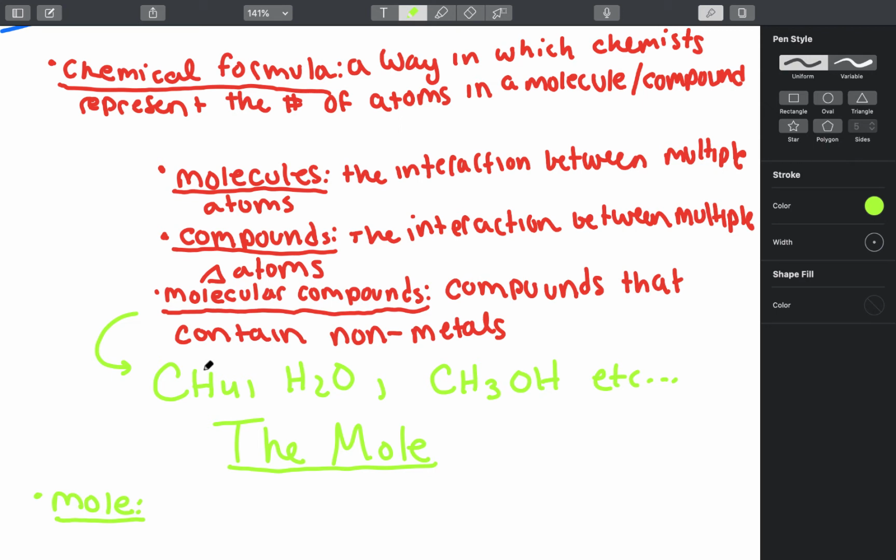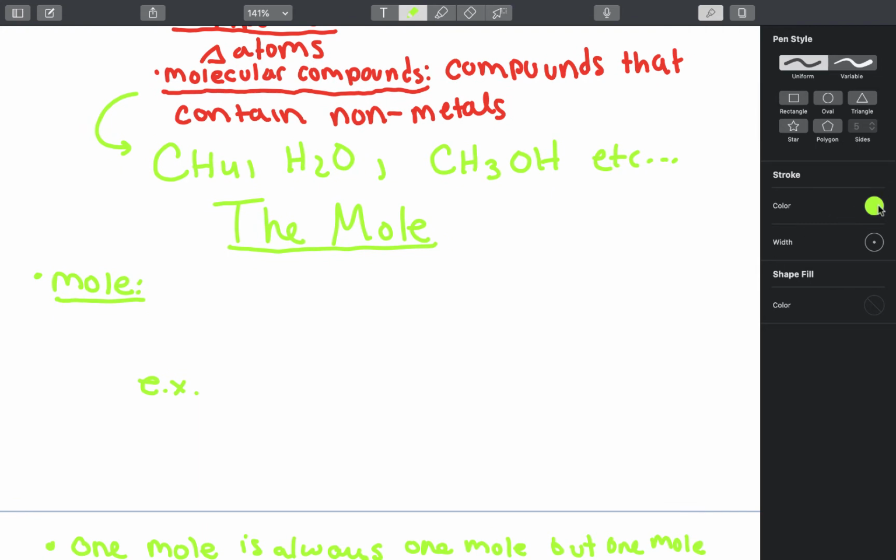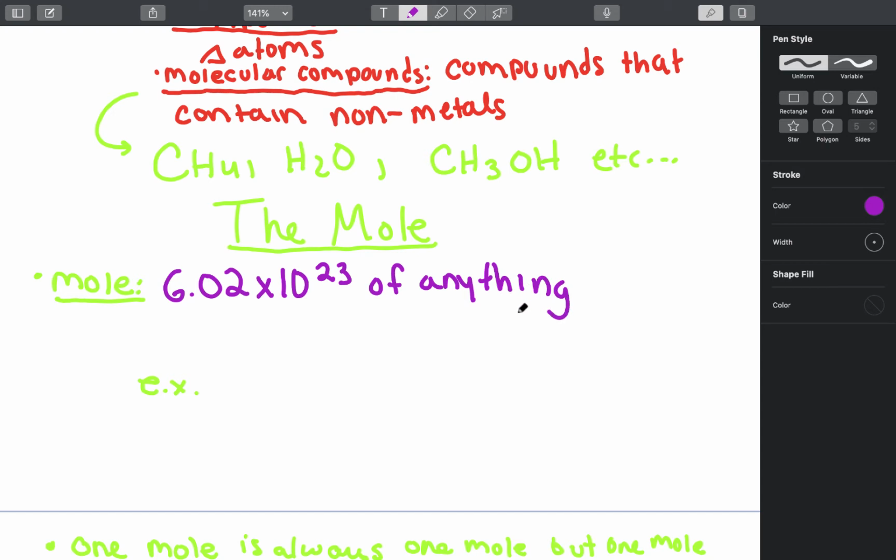So before we go further, I think it's important to talk about the mole. You may have learned about the mole in high school, and a mole is 6.02 times 10 to the 23rd of anything. So for example, if I had 6.02 times 10 to the 23rd rocks, that would be 1 mole of rocks.